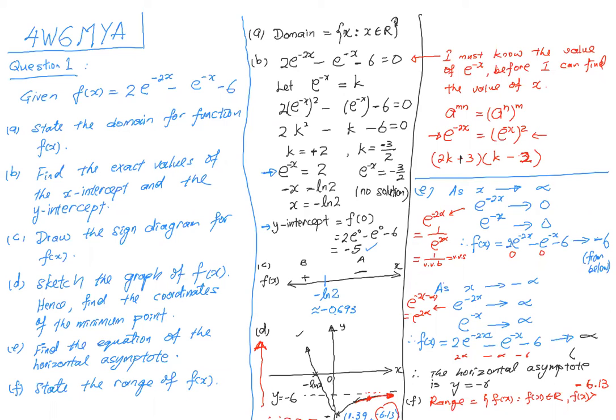So shall we go to the next one? Okay, now I'm going to do the second one. Question 2, I just changed the function. You can start doing it now.